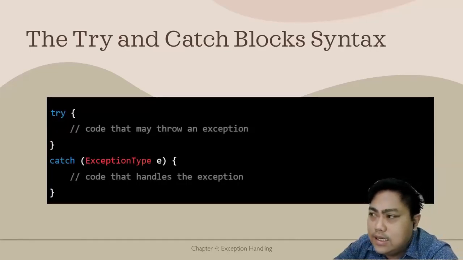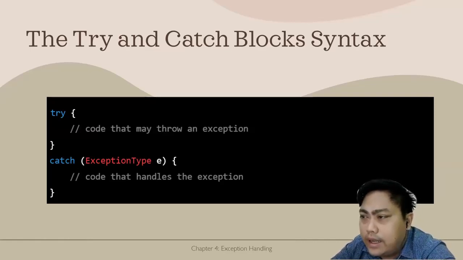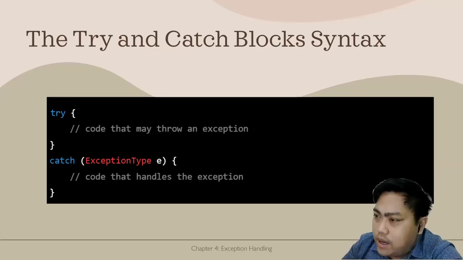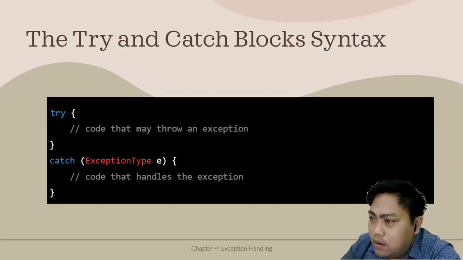And this is the syntax of the try and catch block. We have this keyword and then a pair of open and close curly braces. We place inside these curly braces the code that may throw an exception.